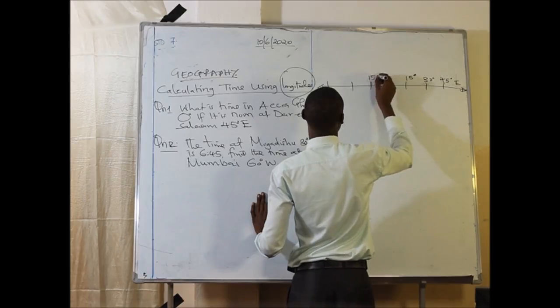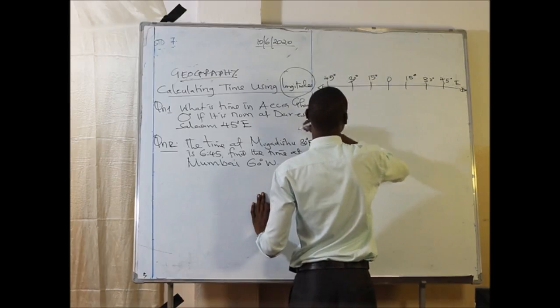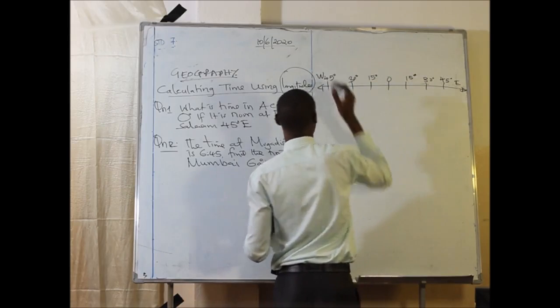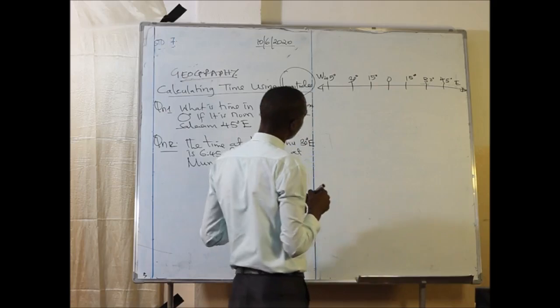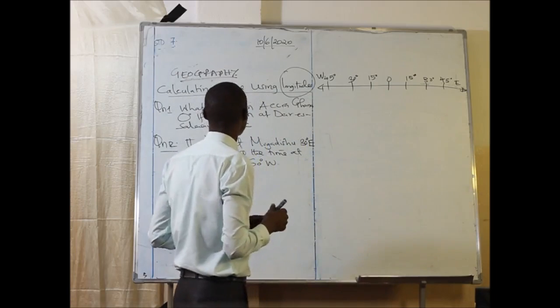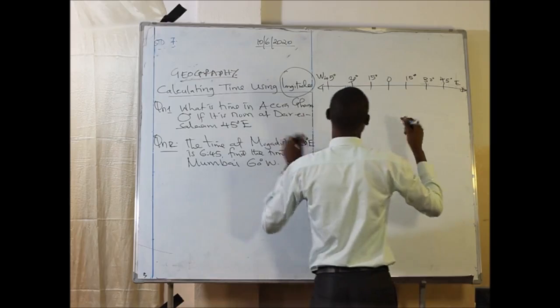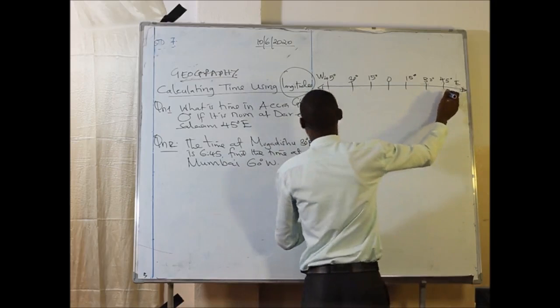This is 15, 30, 45 degrees, and this is west. We have been told that Accra, Ghana is at 0 degrees, and Dar es Salaam at 45 degrees, where it is 12:00 noon.